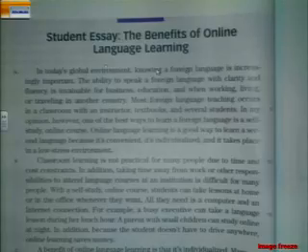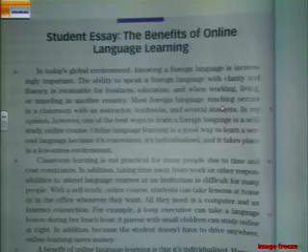So in today's global environment, knowing a foreign language is increasingly important. The ability to speak a foreign language with clarity and fluency is invaluable for business, education, and when working, living, or traveling in another country.